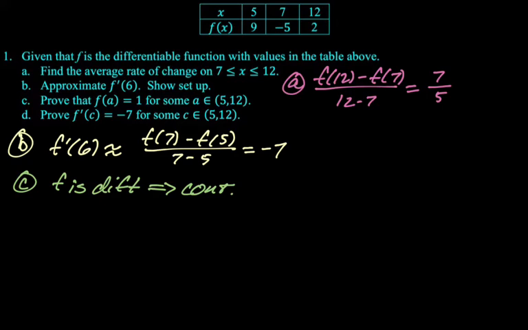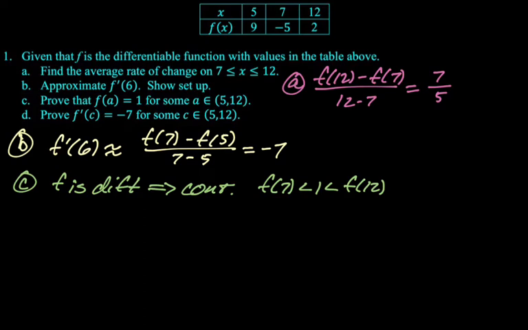All right, so we're trying to find f of a equals 1. So I need a place where we're below 1 and then above 1. I'm going to choose to use 7 to 12. You could also use 5 to 7. I mean, f of 5 is definitely bigger than 1. f of 7 is definitely less. I wanted to go in order from left to right, so I'm doing 7 to 12. f of 7 is less than 1, which is less than f of 12.